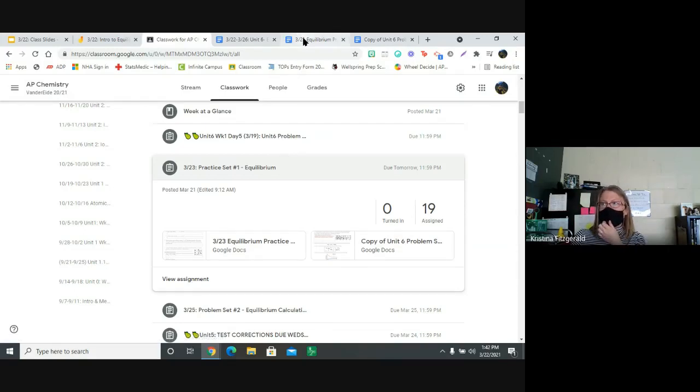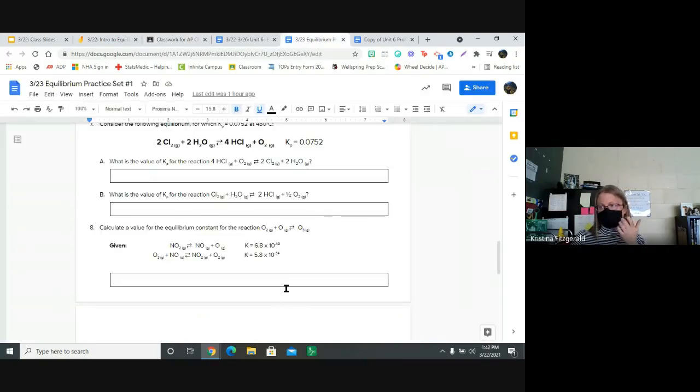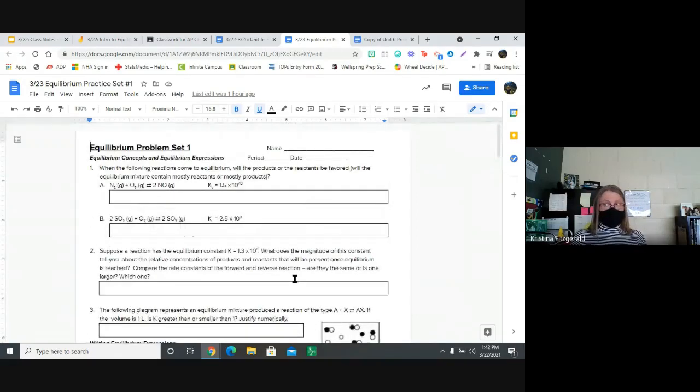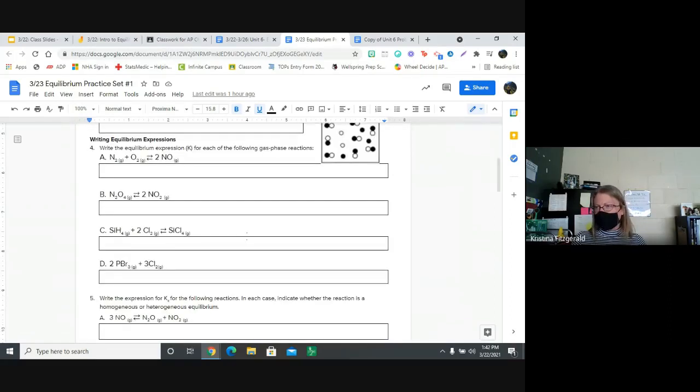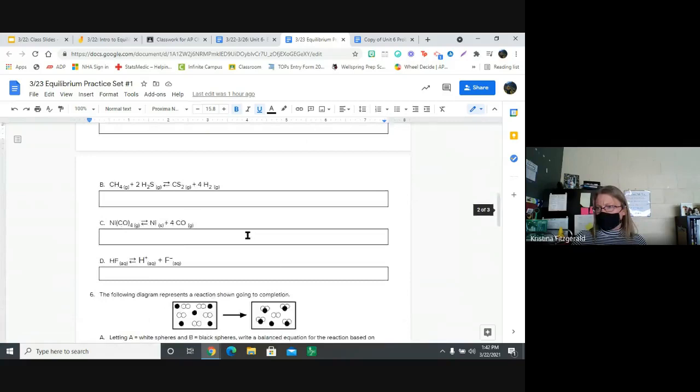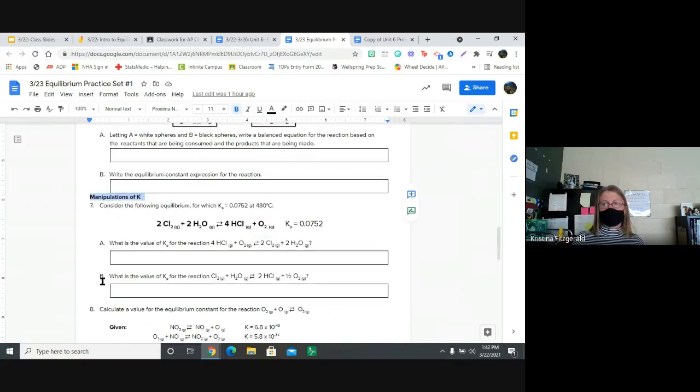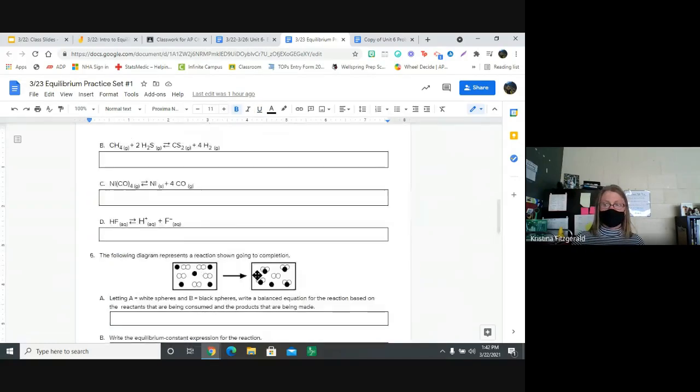So as far as this sheet, obviously do the stuff from Friday. I think you got a couple of questions assigned from that. And then we have done everything up to question 7. So you need to do 1 through 6 and double check those with the key before Wednesday.